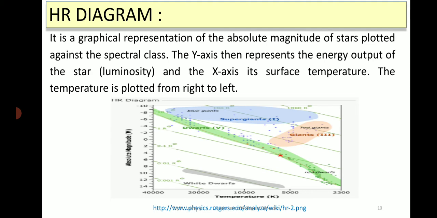The different stages of the star with increasing temperature are red giants, giants, supergiants, blue giants, dwarfs, white dwarfs. Therefore, the variation of energy output of the star, or luminosity, with its surface temperature is shown in the HR diagram.